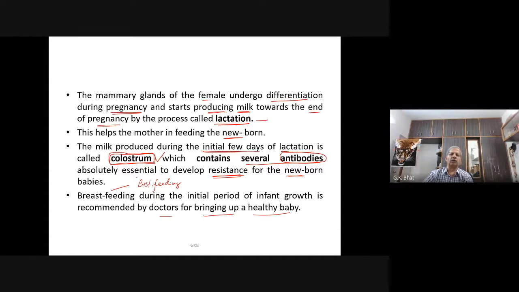As long as possible, a mother should feed the baby with her own breast milk. Going to artificial food, artificial milk, is not good. One should always get mother's milk at the initial stages of development of the baby.